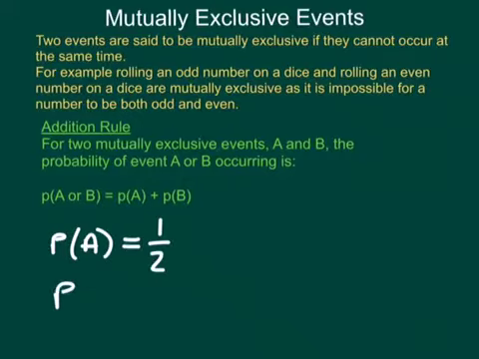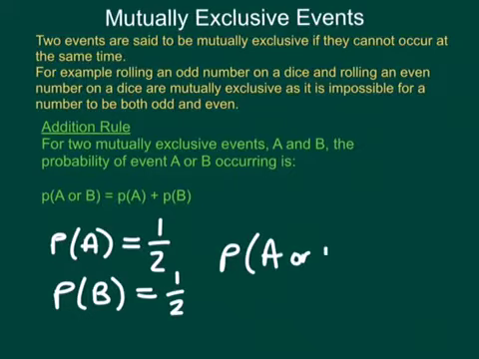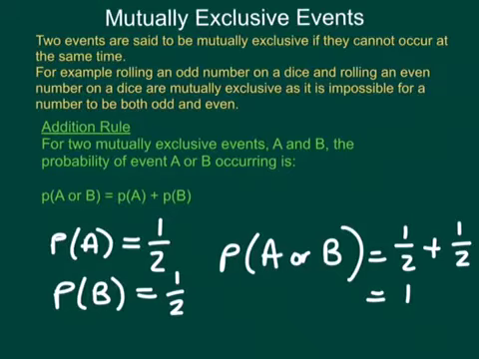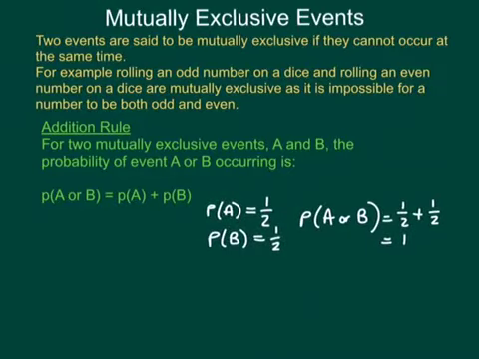The probability of an odd number we'll call B, that's also equal to a half. So the probability of A or B is equal to a half plus a half, so is equal to 1. Hopefully that makes sense, because all numbers on the dice are either odd or even, so the probability of getting an odd number or an even number when you roll a dice is certain, it's 1.